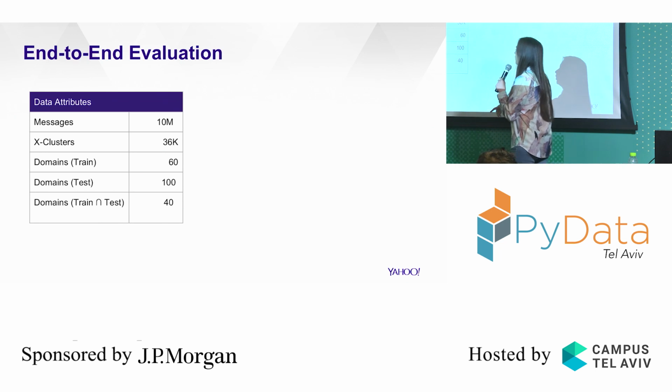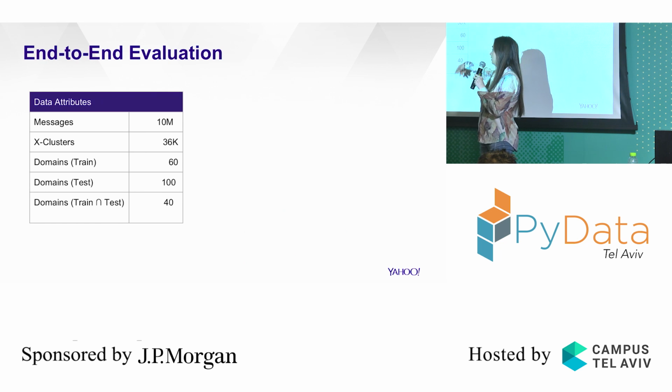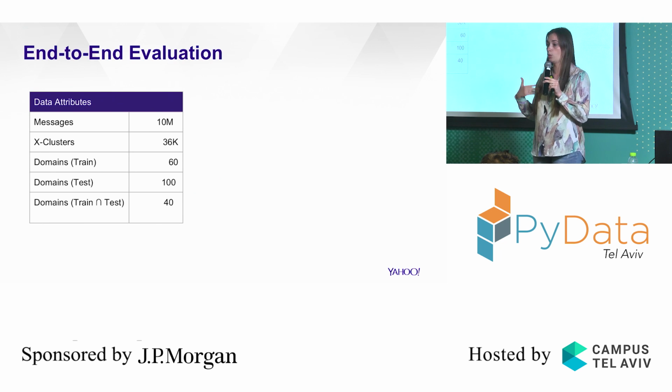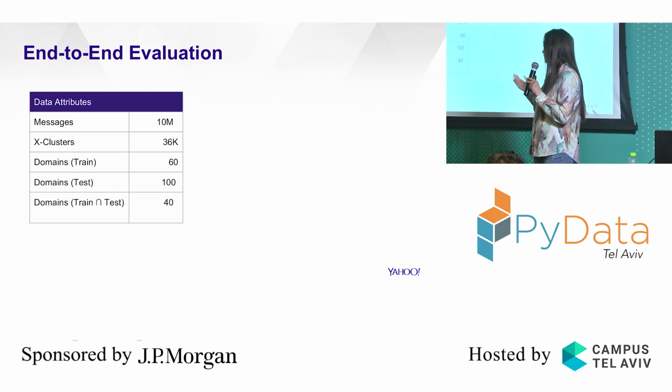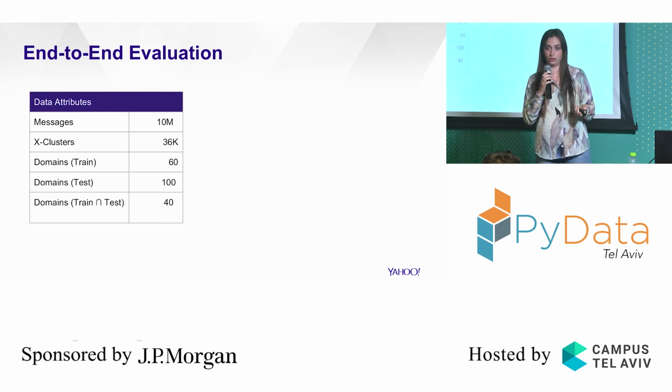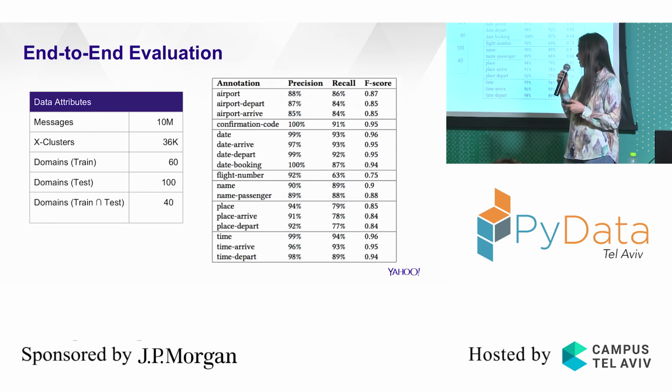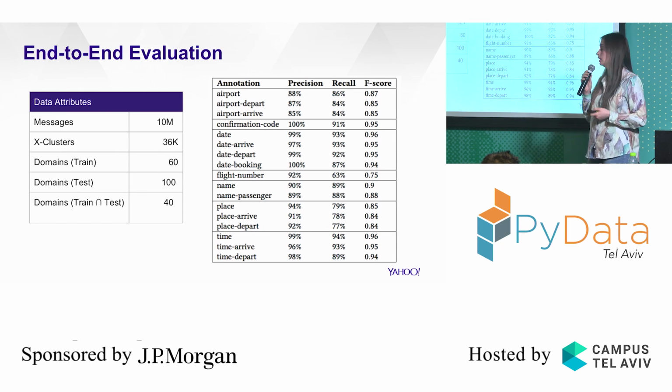It's important to note that in the test we had 100 domains, and only 40 intersect with the domains we had in our labeling set. So we evaluated new domains that we hadn't tested our classifiers on. And again, we saw really high results, more than 90% in precision and recall.